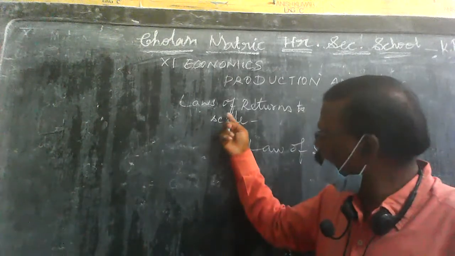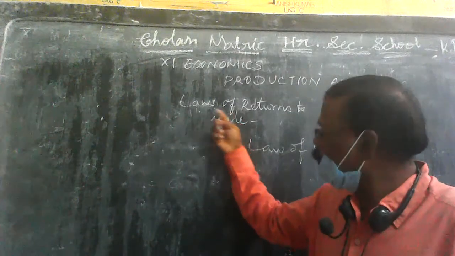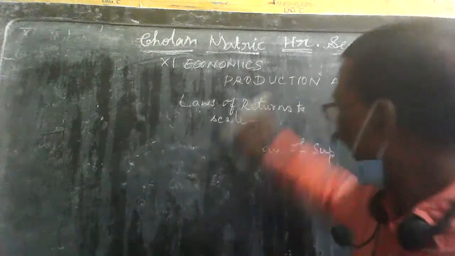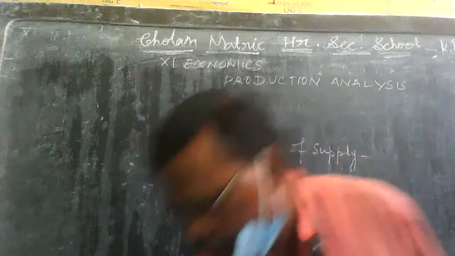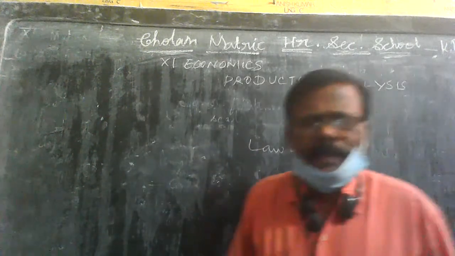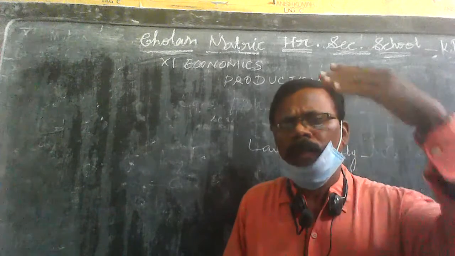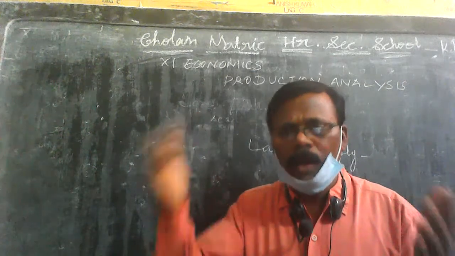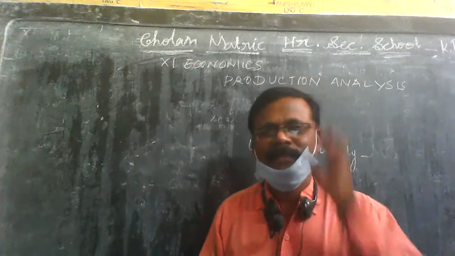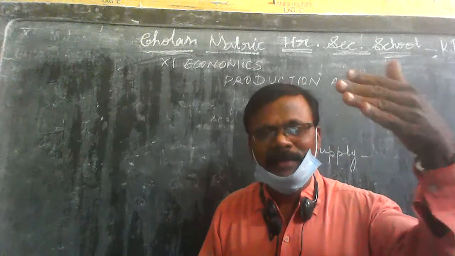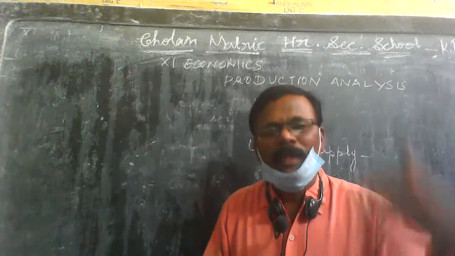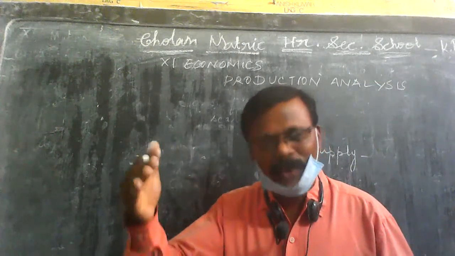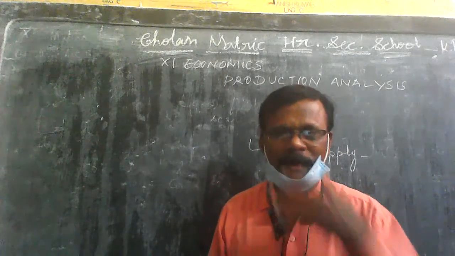Whereas in this part, we are going to know about the law of supply. The law of supply states that as the price increases, the quantity supplied also increases. When the price of your commodity diminishes, the quantity supplied also diminishes.